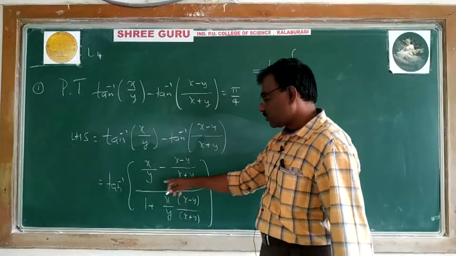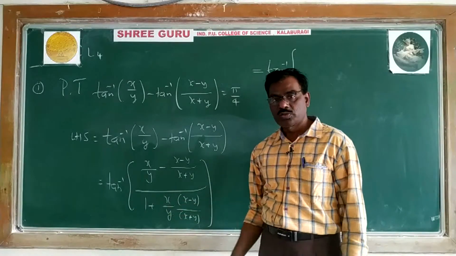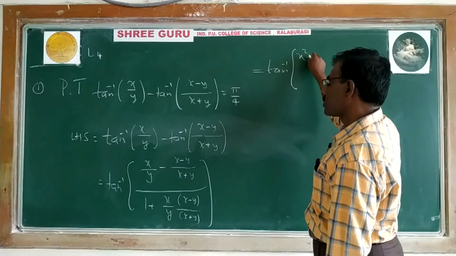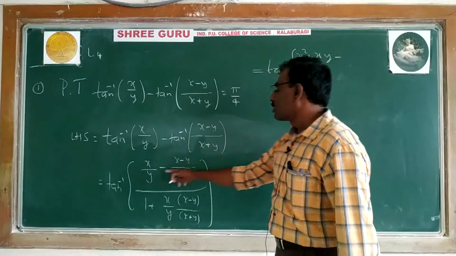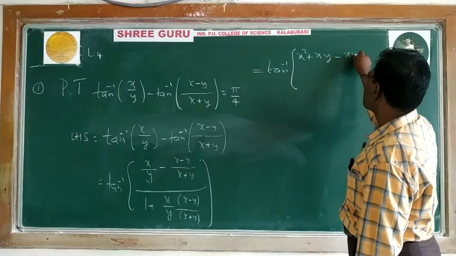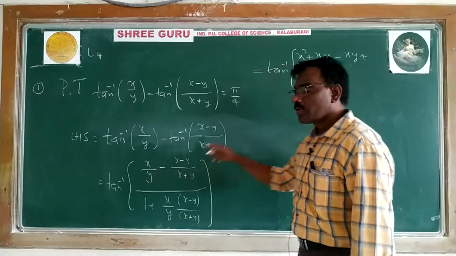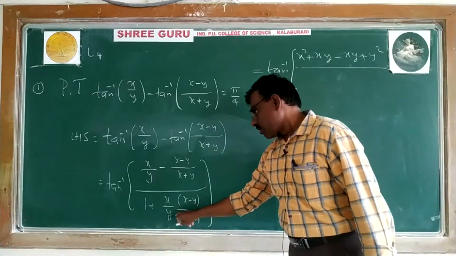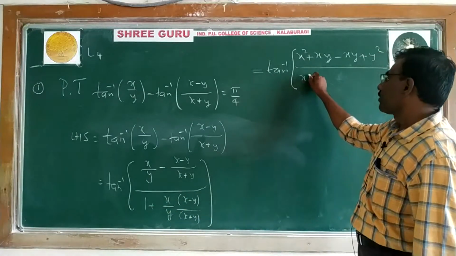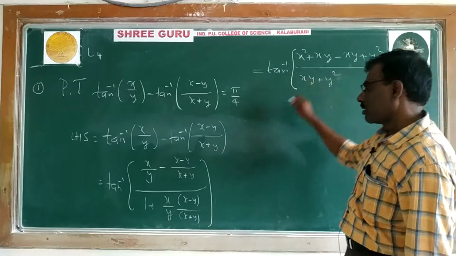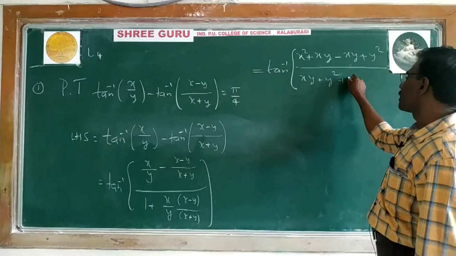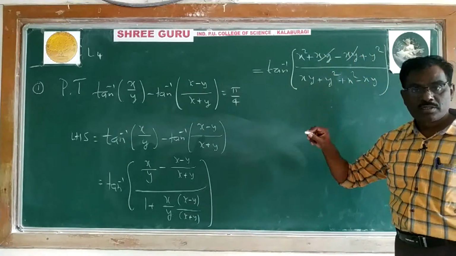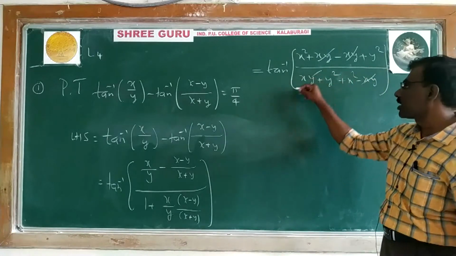Here y into (x plus y), and here also y into (x plus y), both get cancelled. In the numerator, x into (x plus y) minus y into (x minus y) gives x square plus xy minus xy plus y square. In the denominator, multiplying gives xy plus y square plus x square minus xy. The xy terms cancel.